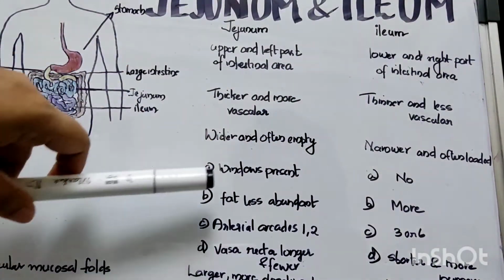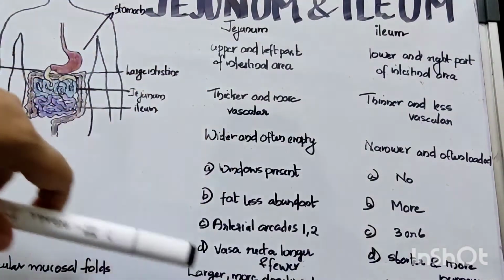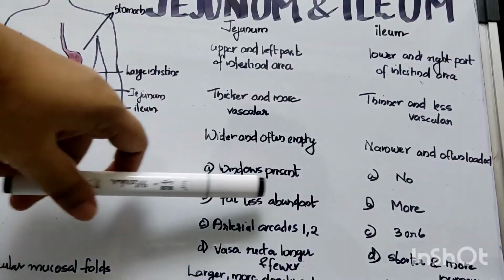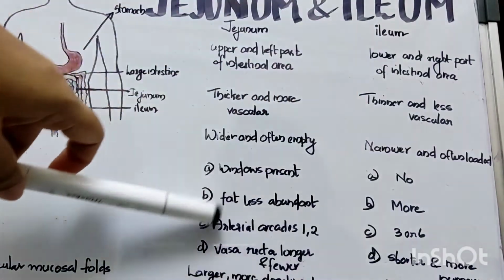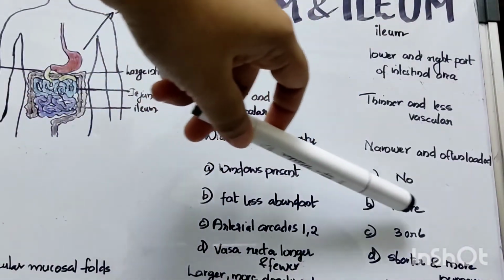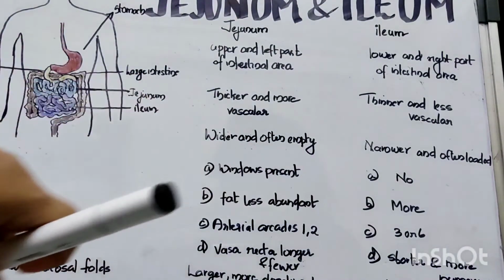And there are one to two arterial arcades, that is, one to two anastomoses of arteries, in the jejunum. In the ileum, there are three to six arterial arcades. And next is the Vasa Recta.